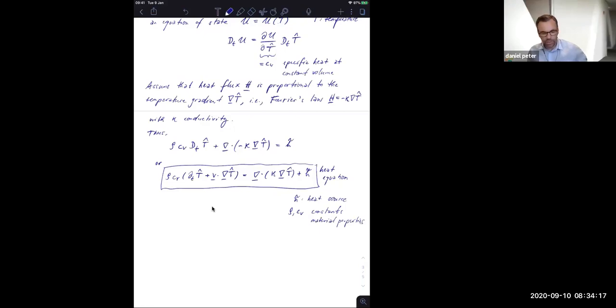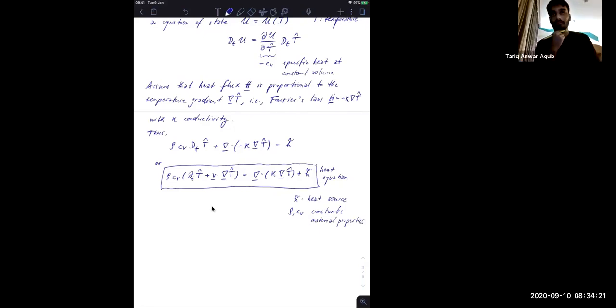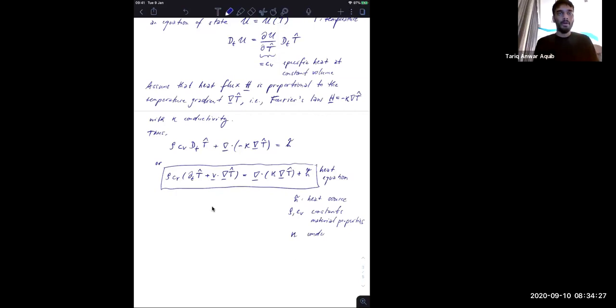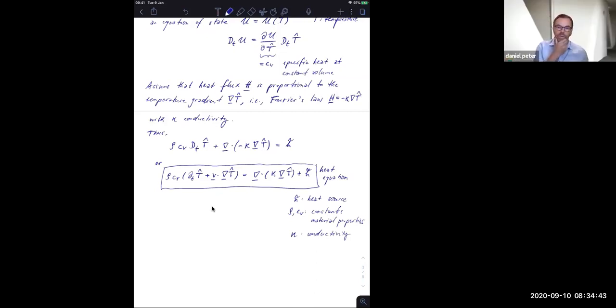The main point here is if you look at the equation, the only unknown is temperature. So the heat equation, when we solve it, we solve basically for the temperature field.